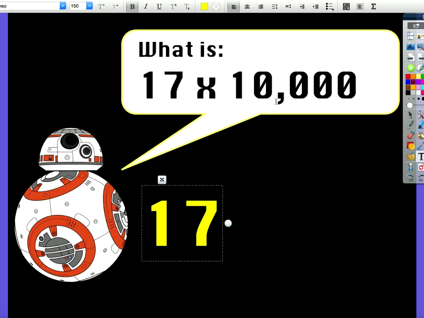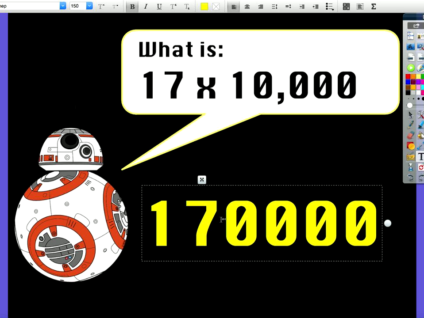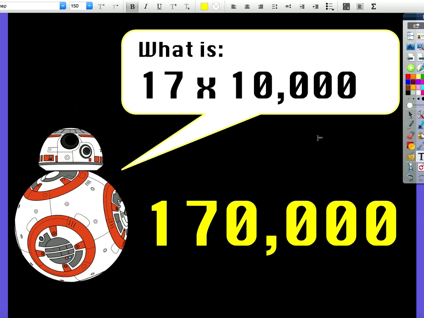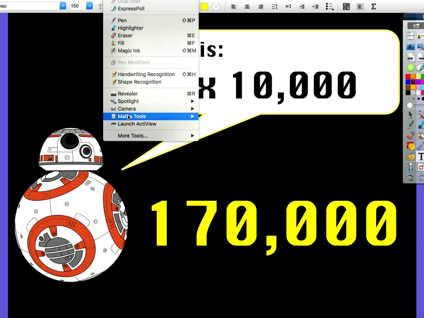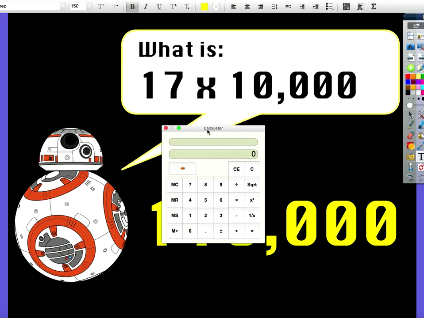So in this one, it happens to be 1, 2, 3, 4. So all I'm going to do is take the 17 and put 4 zeros after it. And we'll put our commas in. So 17 times 10,000 is 170,000.